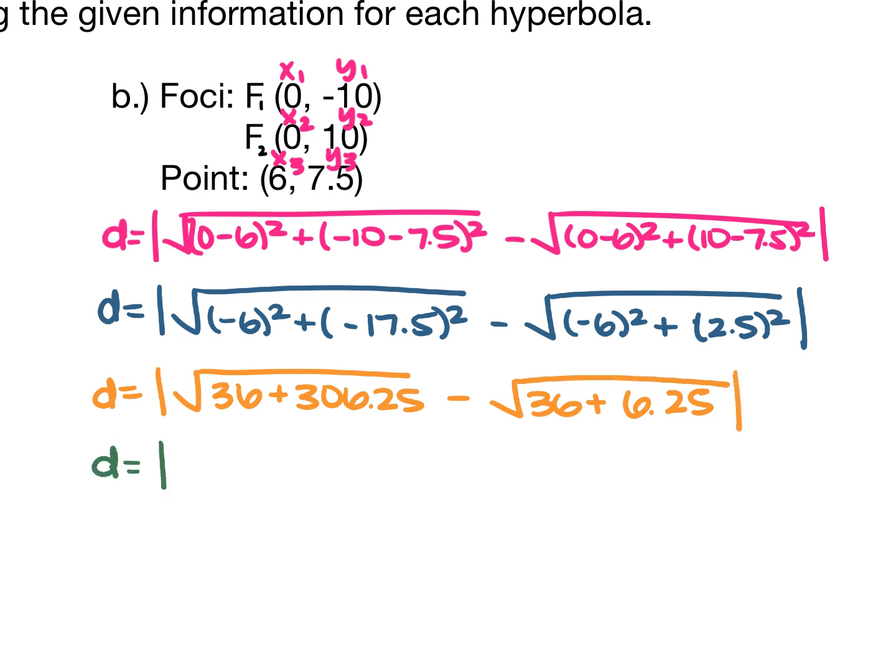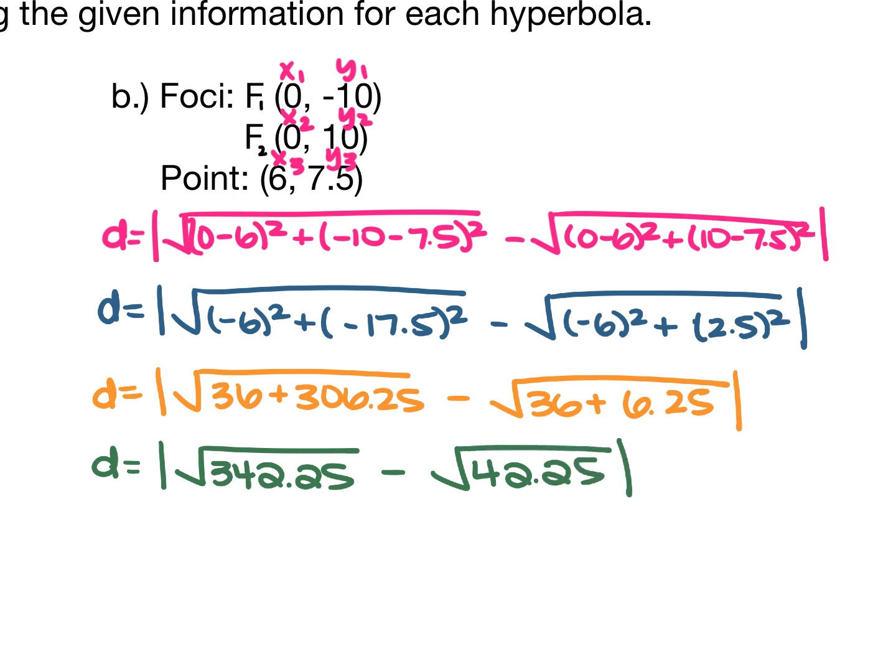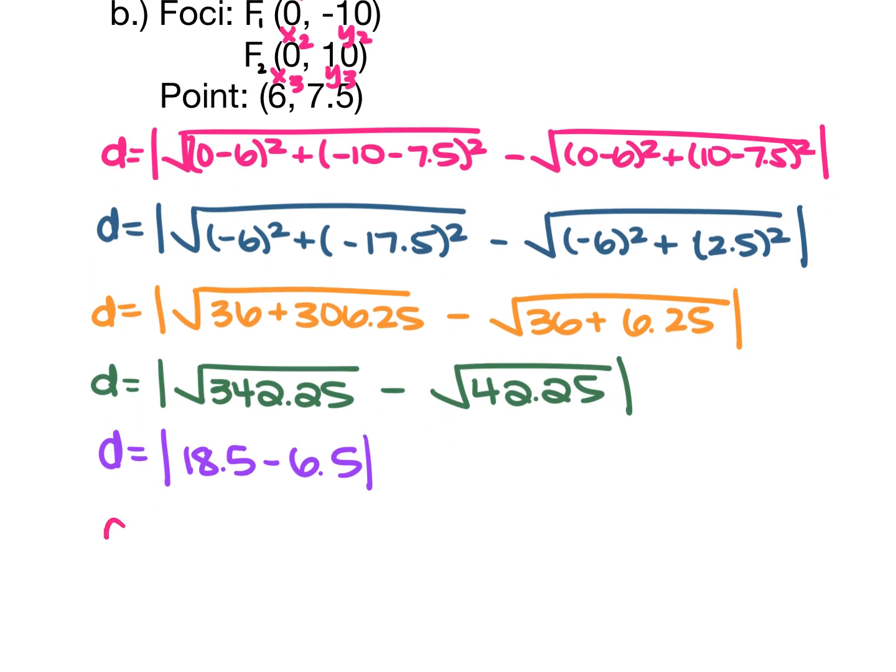This then simplifies to give you the absolute value of the square root of 342.25 minus the square root of 42.25. If you were to use a calculator and simplify this, you would get the absolute value of 18.5 minus 6.5, which is just the absolute value of 12. And that gives you 12 as your constant difference.